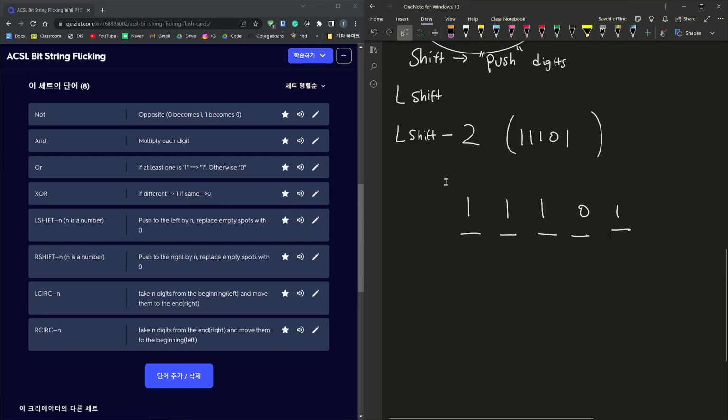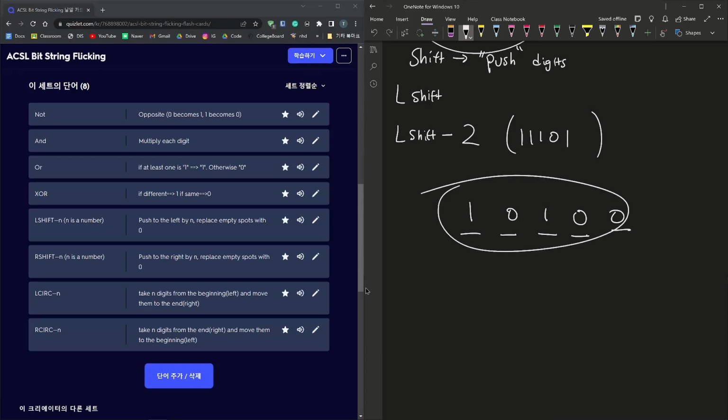What this means is I'm going to take this number and shift to the left by 2 in this case. 1, 2. Notice how these two are out of their seats. We're going to delete them and replace empty spots with 0. So that is the answer to L shift 2, 1 1 1 0 1.